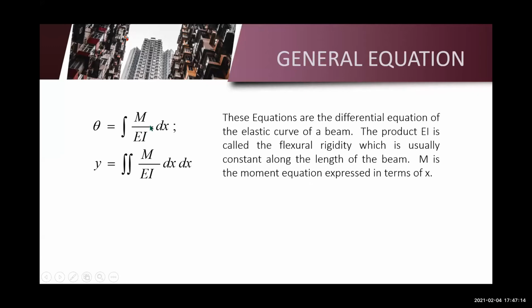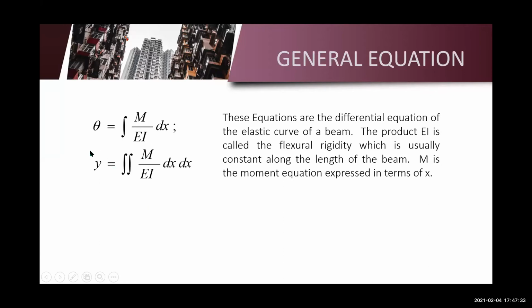Most of the time, it is constant. If it is not constant, then E and I change. If it is constant, you can just factor out EI. Just remember the slope is equal to the single integral of the moment over EI.